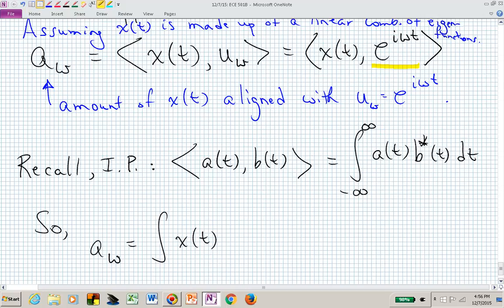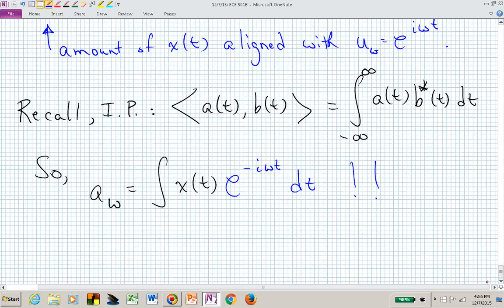What's the complex conjugate of that? So that now we've found the weighting of x in the direction of this eigenfunction, that's this cosine or sine. How is x aligned with this sinusoid?